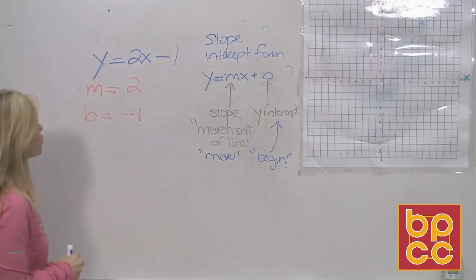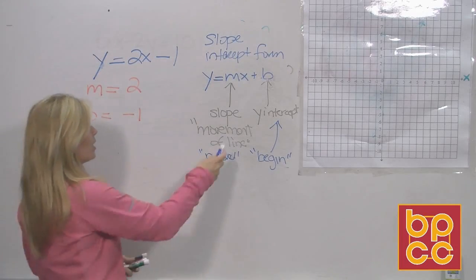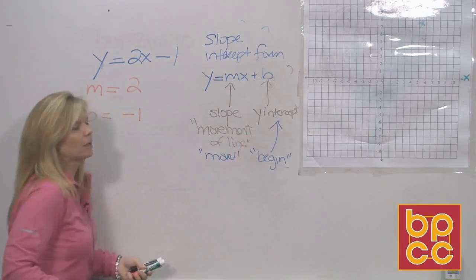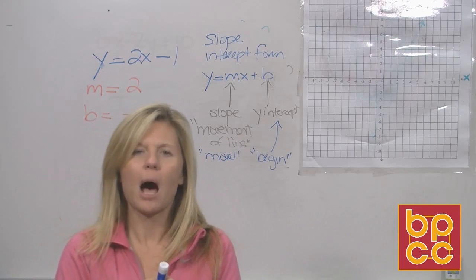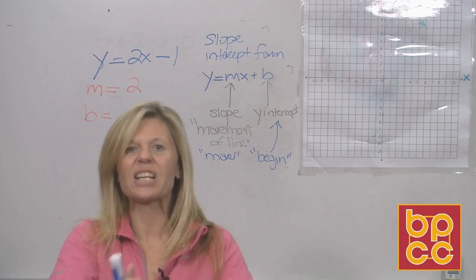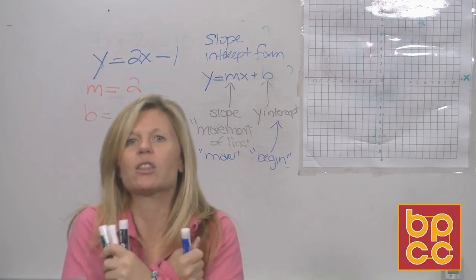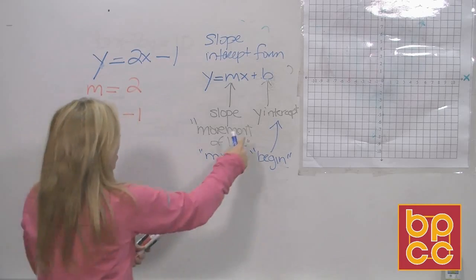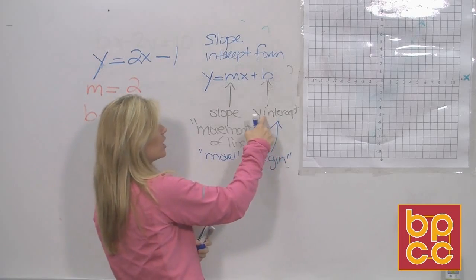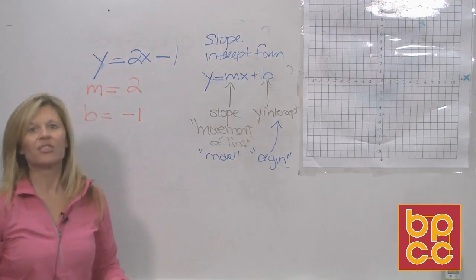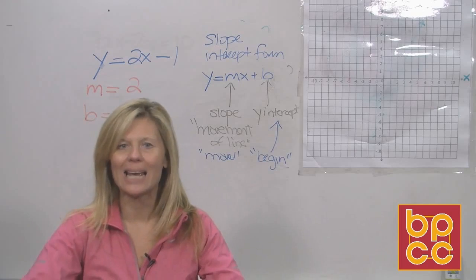All right, so now we got to go over vocabulary. What does the word y-intercept mean? Well, think about football. If a football player intercepts a football, that means they physically get it from the other team. They're touching it, they're holding it. A y-intercept means you're touching. You are physically touching the y-axis. That is why it's called the y-intercept.